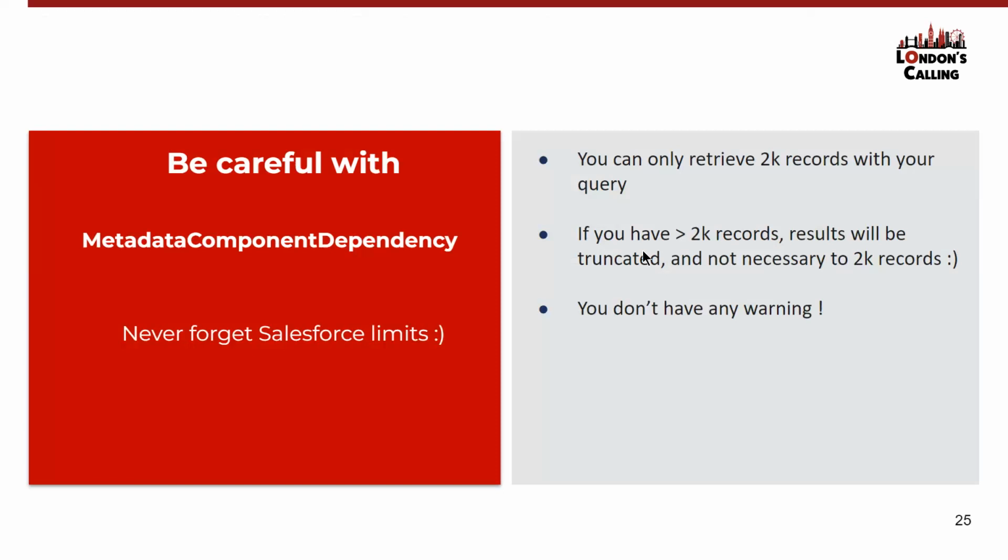So if you work with this API, with this object, just be careful that you really have to put some filter, because you will very quickly reach the 2,000 record limit. Okay, so it's really the most tricky object that we have within the Tooling API.